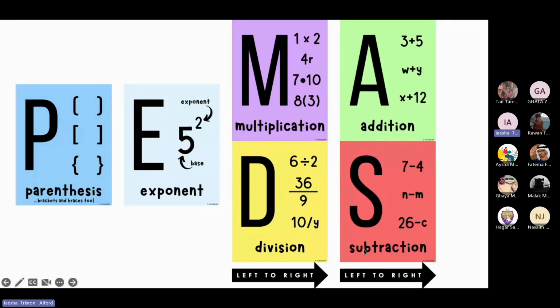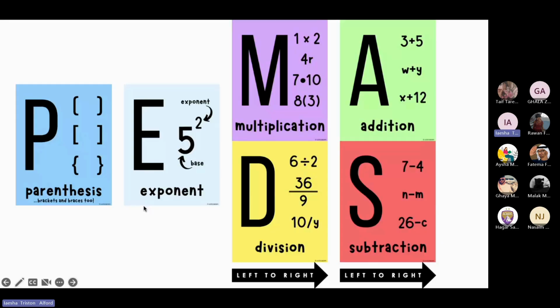Same, they come together, but you start from left to right, whatever you see first. So when you get this question in the exam, make sure you write down the order, PEMDAS, so that you can remember the order and what things you need to show in your solving.